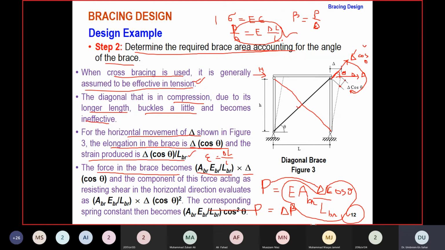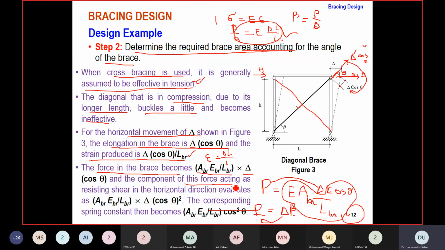It will be equal to the stiffness, beta, so beta will be P over delta. The constant of this equation will be E A_BR cos theta divided by L_BR. So it will be A_BR E_BR over L_BR into delta.